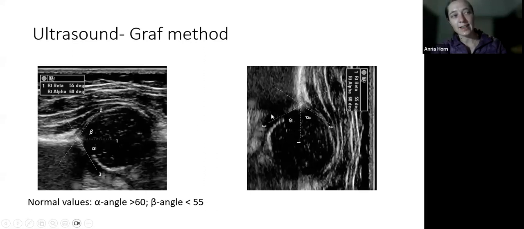If it's, for instance, 90 degrees, then that would be an acetabular index of 0, if you understand what I mean. So that's why a larger alpha angle is good and the smaller one's bad. Whereas the beta angle is the opposite. As the beta angle becomes bigger and bigger, it means that the head is becoming more subluxed.